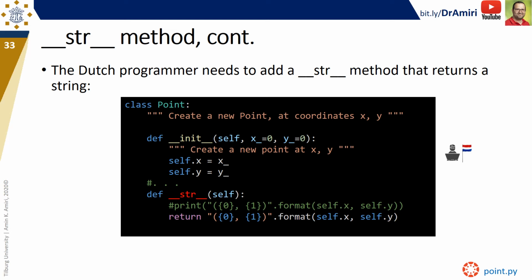So here we use the format method. self.x and self.y are given as arguments to this format method, and self.x is going to replace the curly bracket 0, and self.y is going to replace the curly bracket 1, and that will print the instance of the point in the format that the American wanted.